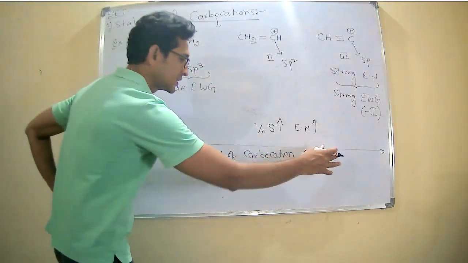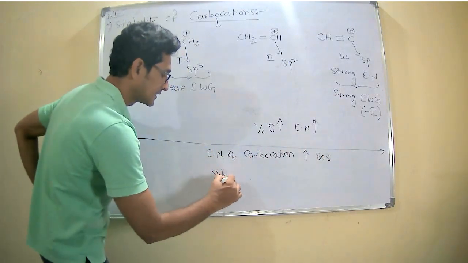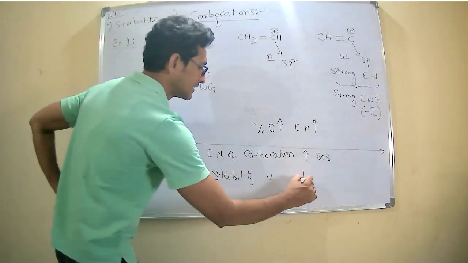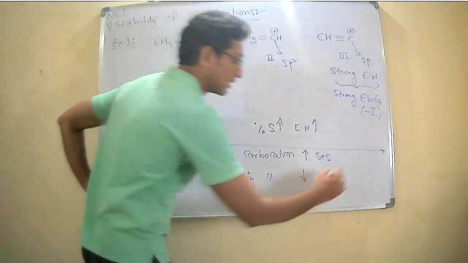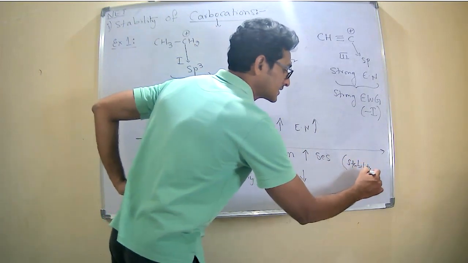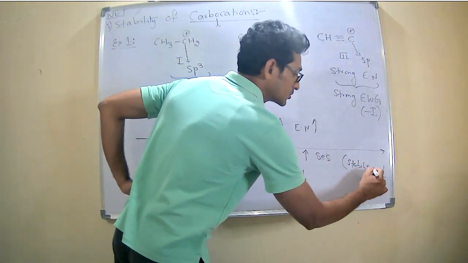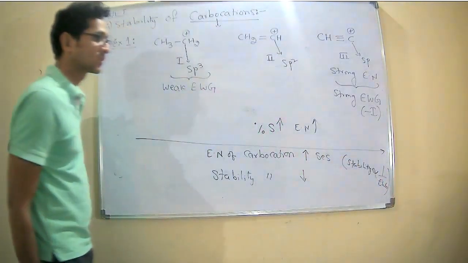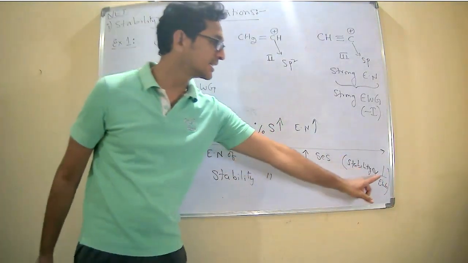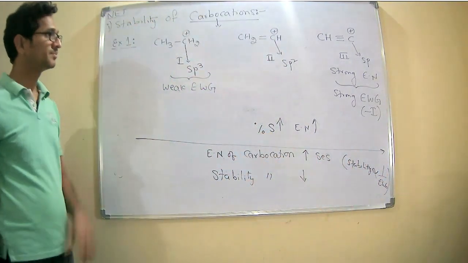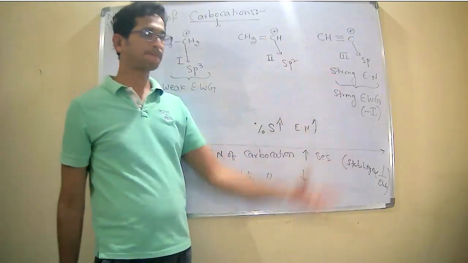As the electronegativity of the carbocation increases, the stability of the carbocation decreases, because the stability of a carbocation is inversely proportional to the electron withdrawing group. This is example 1, right?